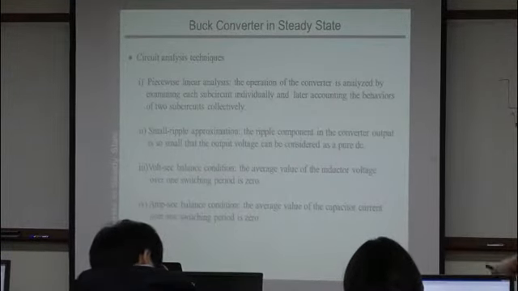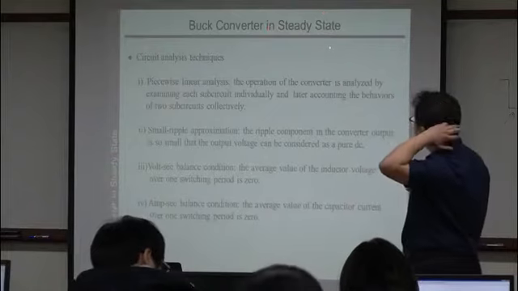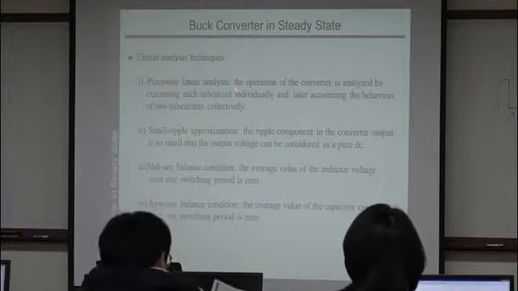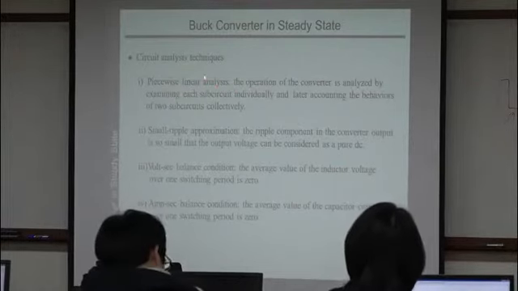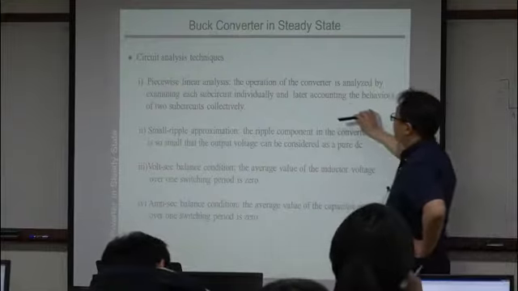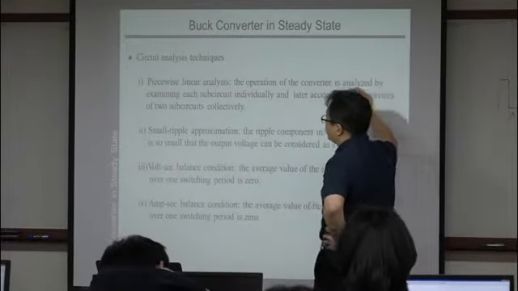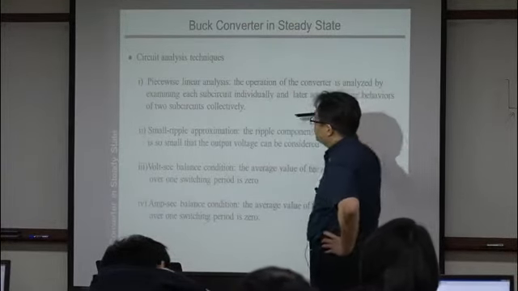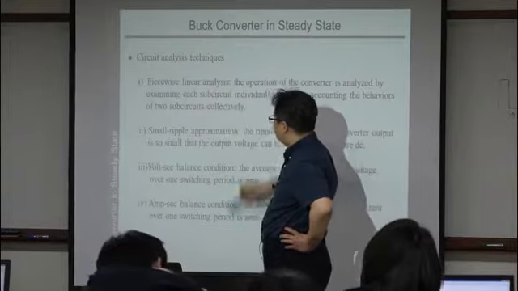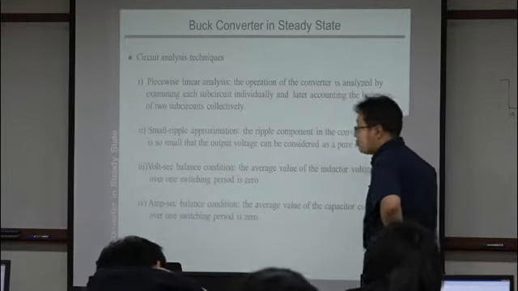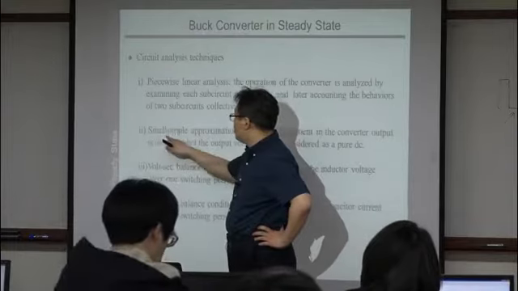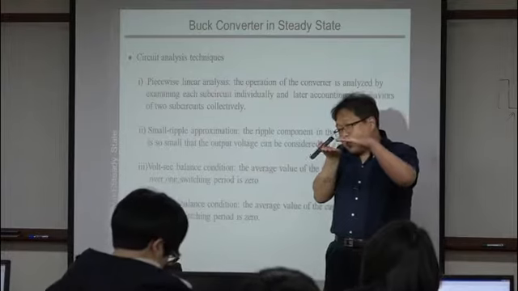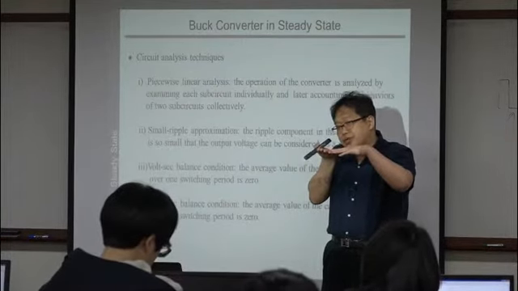So to analyze a buck converter in steady state, you can follow this process. First, you perform the piecewise linear analysis, and the operation of the converter is analyzed by examining each individual circuit, later accounting the behaviors of the two subcircuits collectively. Then we also introduce a small ripple approximation. What does it mean? Your ripple is very, very small, so that you can just ignore it.